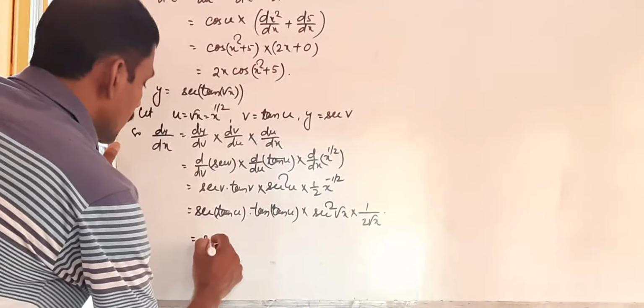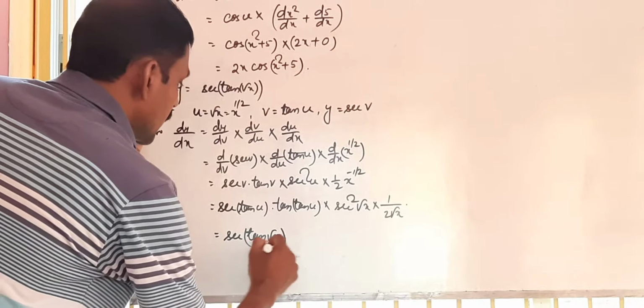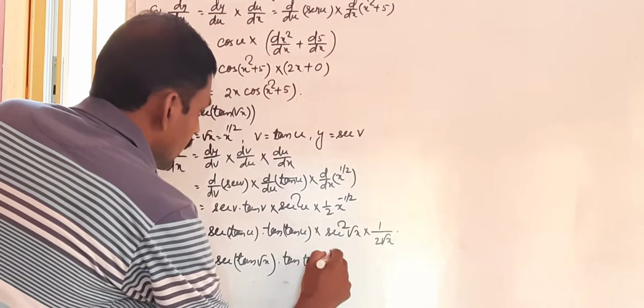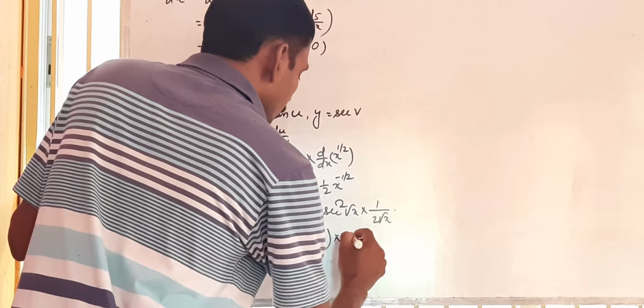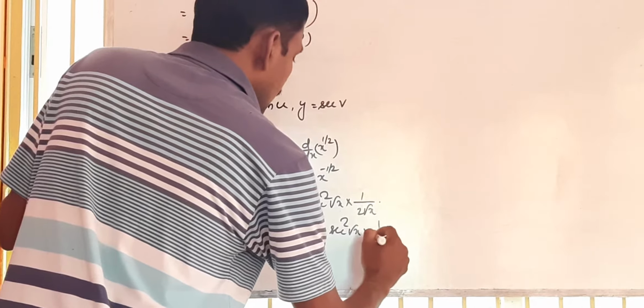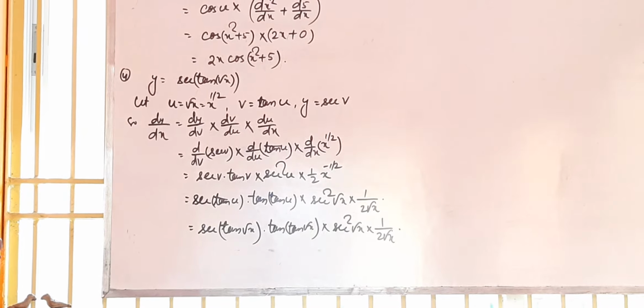That is sec tan root x into tan root x into sec square root x into 1 by 2 root x. Okay.